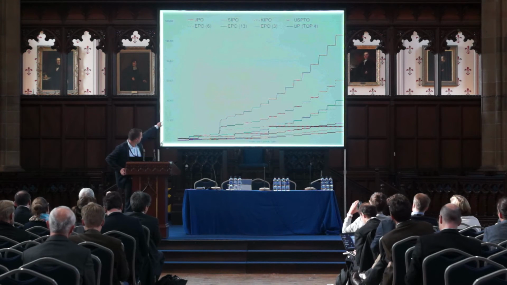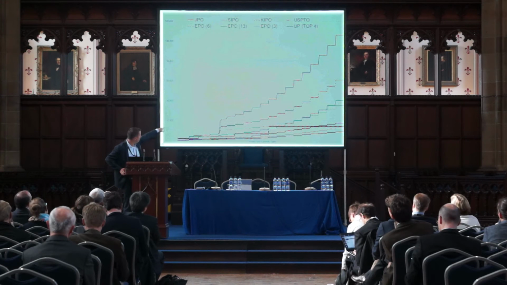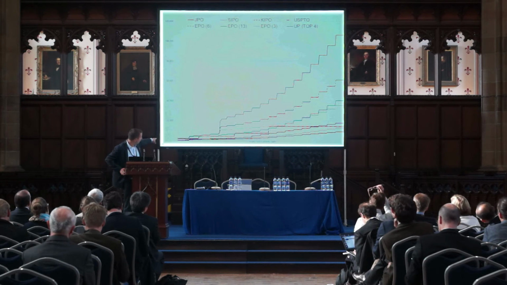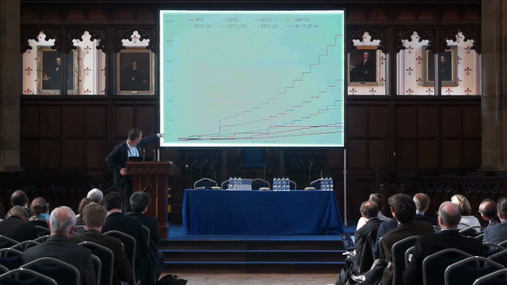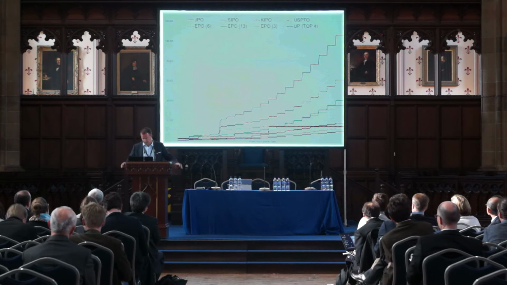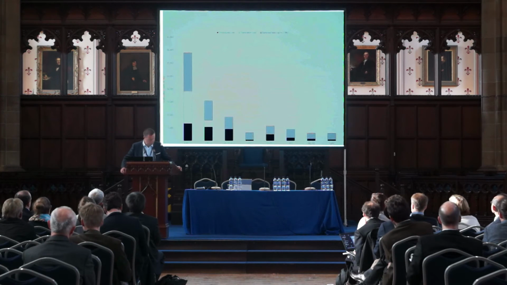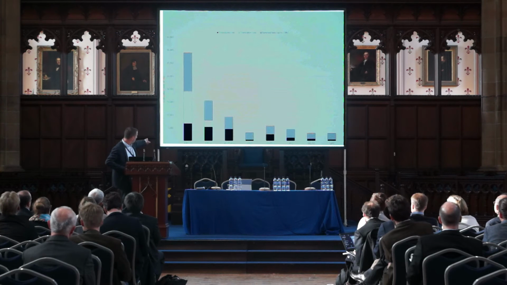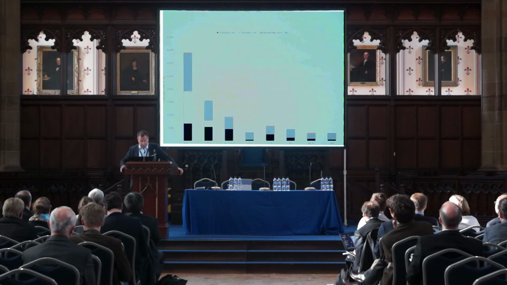So you see, the top curves are the EPO, the current system for 13 countries, 6 countries, and you have the EPO for which is much smaller, still higher than in other countries. So you have now the new proposal. You have a drastic reduction. This is absolute costs, and we go closer to the US Patent Office.